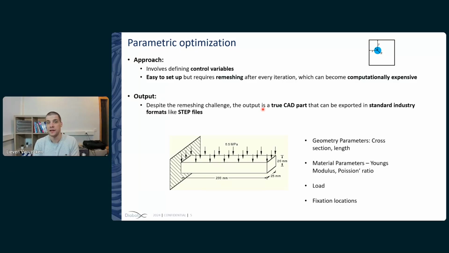Basically, in a parametric study, you a priori define a given set of control variables, basically the variables that define the shape. A parametric study is very easy to set up, but requires remeshing after every iteration, and it can become quite computationally demanding. But the benefit, of course, is that you can get a true CAD geometry, a true CAD part out of the parametric study.